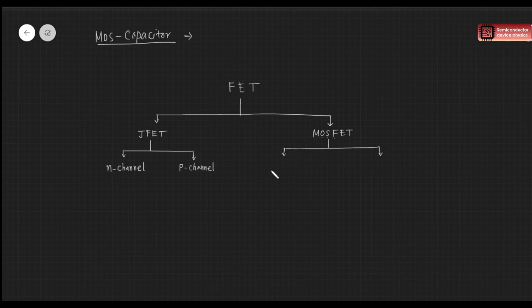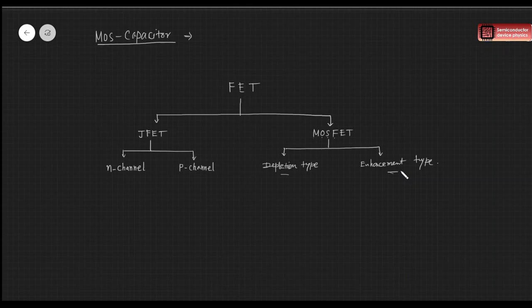One is called depletion type, and the other one is enhancement type. We'll discuss in much more detail about these two types, depletion and enhancement type.